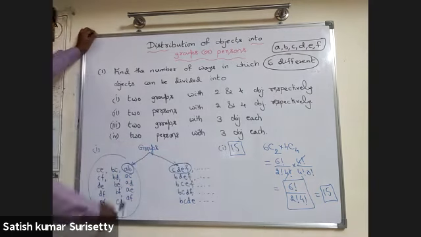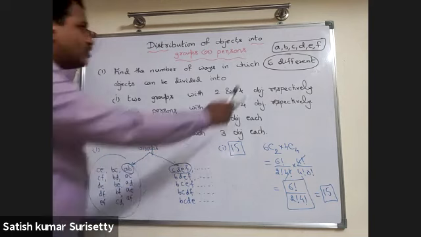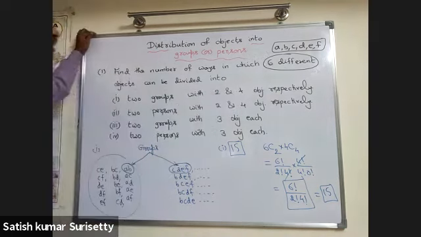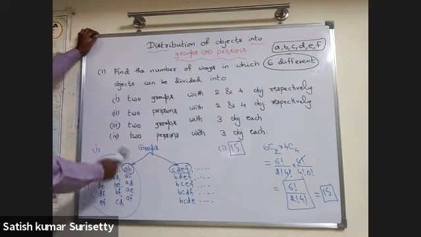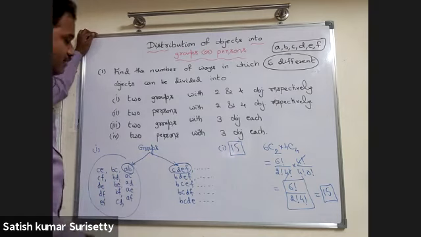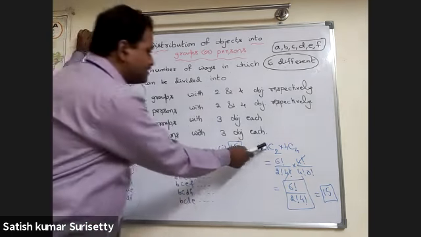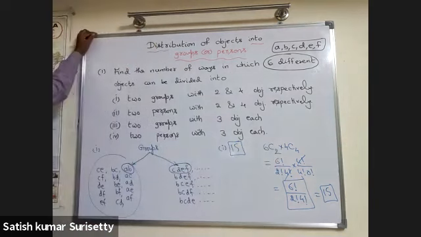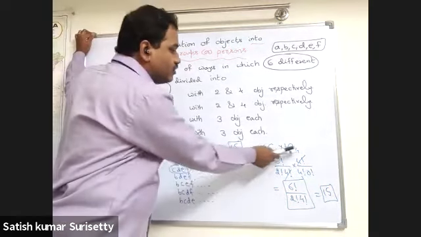Now, instead of listing this, we can write it directly also. There are a total of 6 different objects, to be distributed as 2 and 4. I can distribute 2 to the first group and 4 to the next group. That means the number of ways of choosing 2 objects from 6 is 6C2, and the remaining objects are 4, and we have to distribute all 4 objects. So 6C2 into 4C4.